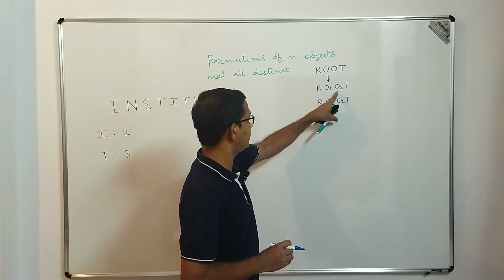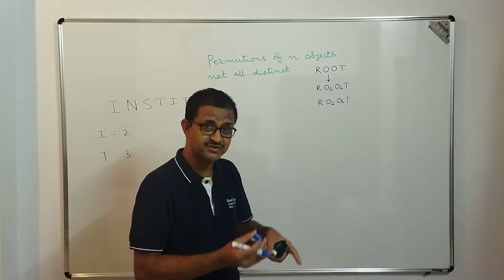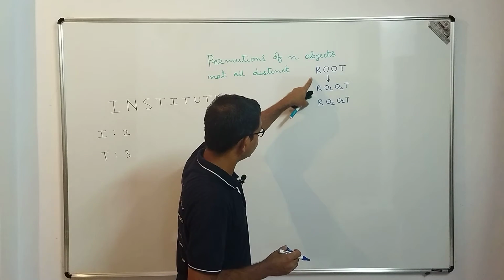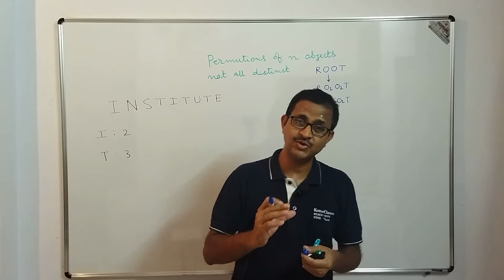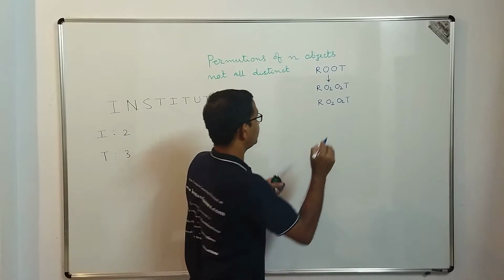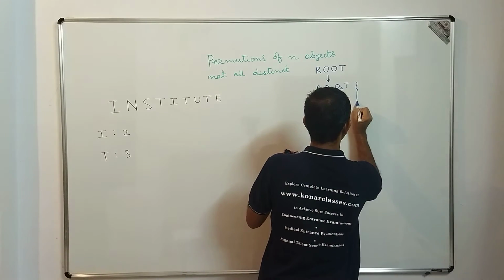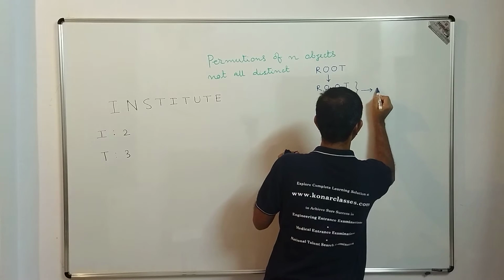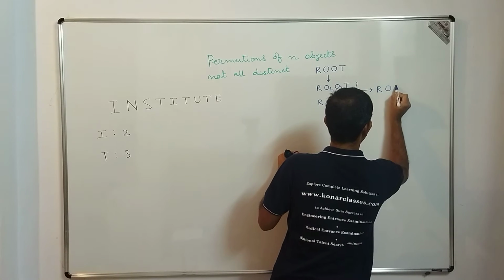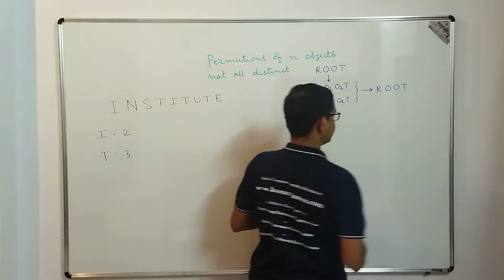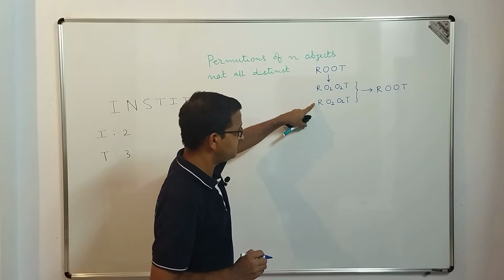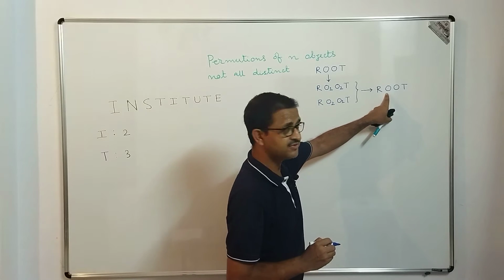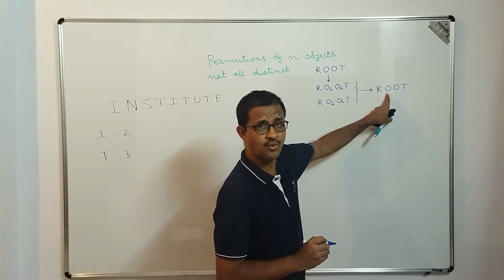For the sake of our discussion we took them different so that you understood. Out of these 4 factorial ways, these 2 factorial ways are actually the same repetition, because these two represent ROOT.